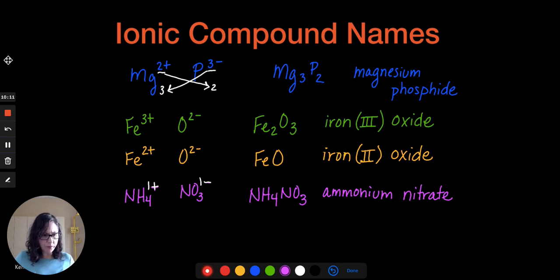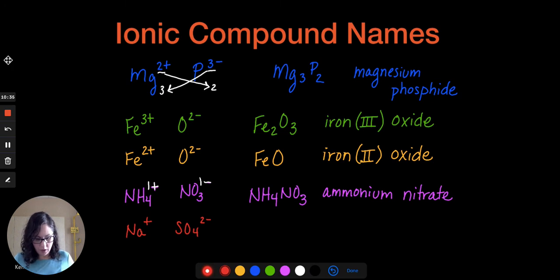Okay, let's try one more. Let's do sodium sulfate. Okay, and so you got to be careful here. So we're going to do sodium, which is a 1+, and sulfate, which is an SO4 2-.